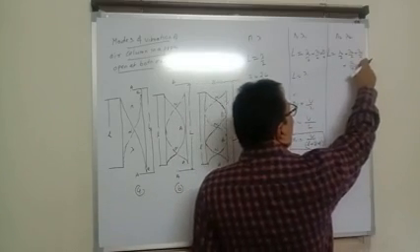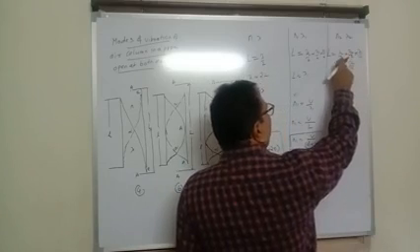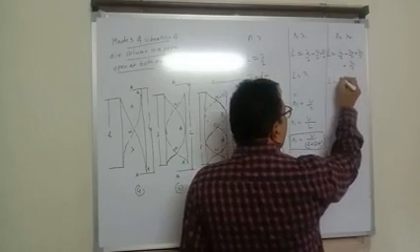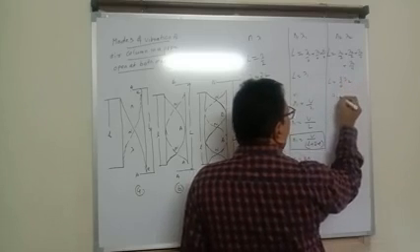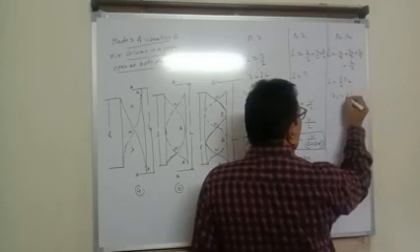Quarter plus quarter is half, half plus half is 1, 1 plus half is 3 by 2. So 3 by 2 lambda 2 equals L, or lambda 2 is equal to 2L upon 3.